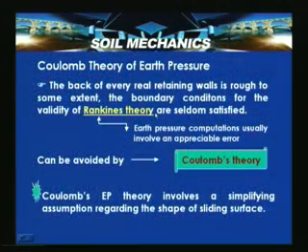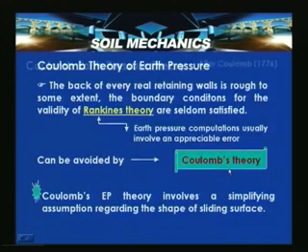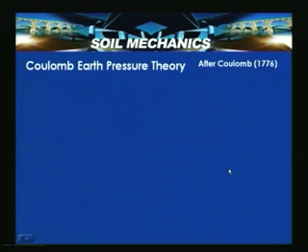Coulomb's theory of earth pressure is superior, because real retaining walls always have friction along the wall interface and the soil. The error caused by neglecting that wall friction can be avoided by adopting Coulomb's theory, after Coulomb, 1776.